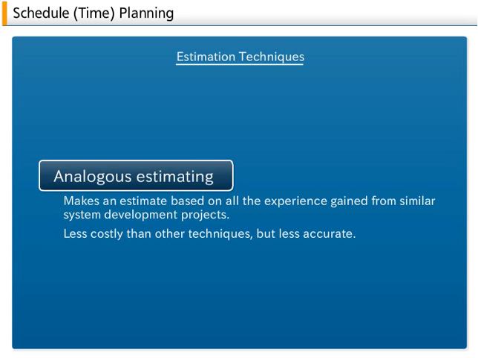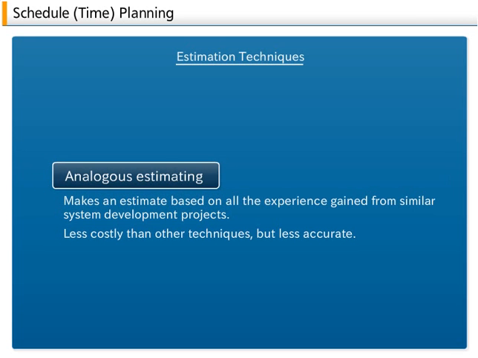One. Analogous estimating. Analogous reasoning estimation is a method that makes an estimate based on all the experience gained from similar system development projects completed in the past. Generally, in estimates prior to a project launch, it is necessary to quickly grasp a rough budget estimate.